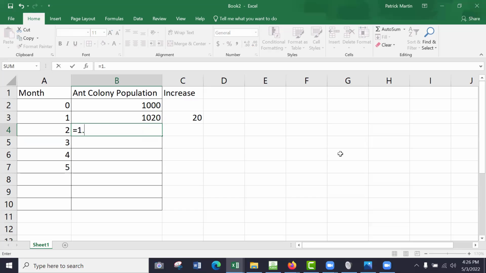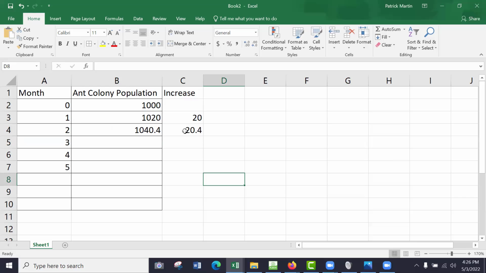it's 1.02 times the previous amount. That's the cool way to do it. 1.02 times the previous amount gives us the same amount back and 2% more. And so this time our increase is in fact 20.4, because it's 20.4 more than the last time, right?